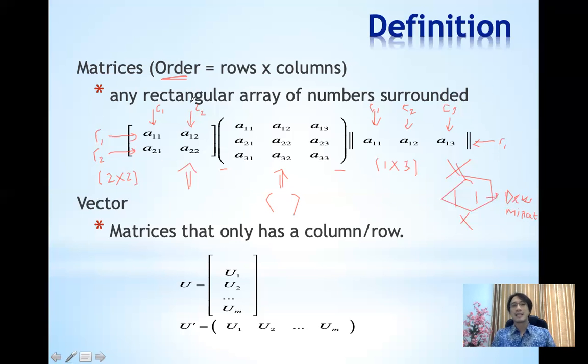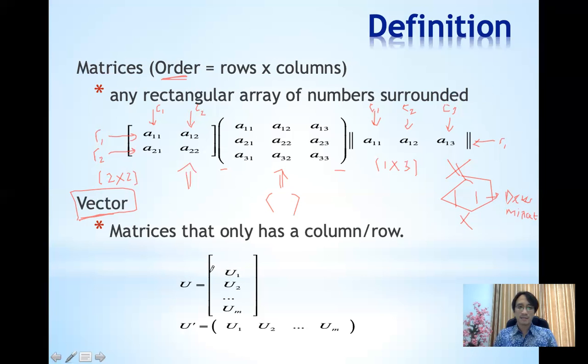This is the usual matrix, but we also have the matrix that is called a vector. A vector is actually a matrix, but the requirement is that it only has one column or one row.